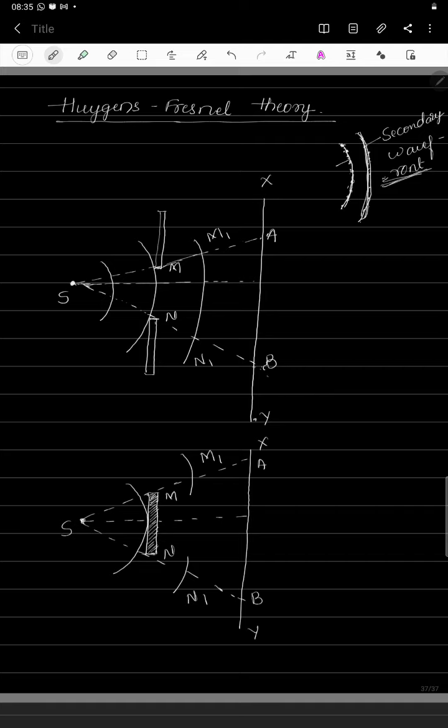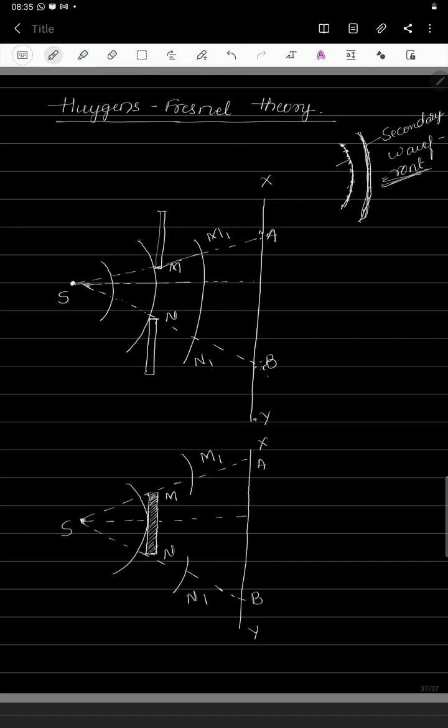Above A and below B there is a geometrical shadow region. So above this and below this there will be the geometrical shadow region.